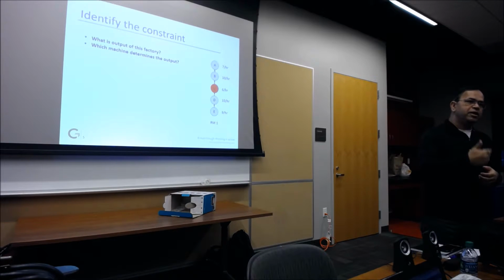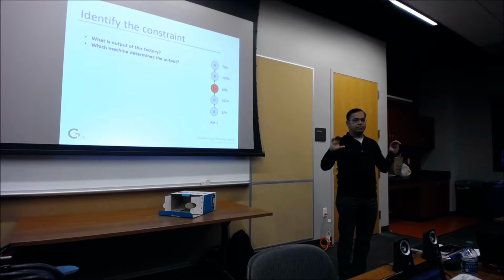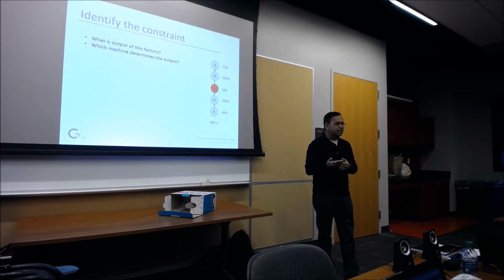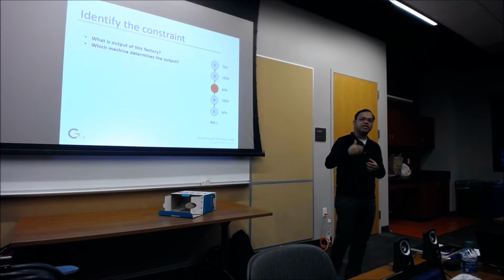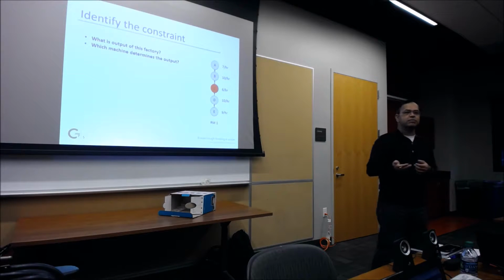The next step in TOC, this is the identify constraint. This is the first step. Step number 2 would be what? Any guesses? We need to make sure that machine C produces 6. So the next step is exploit the constraint. If machine C produces anything less than 6, guess what the system output would be?